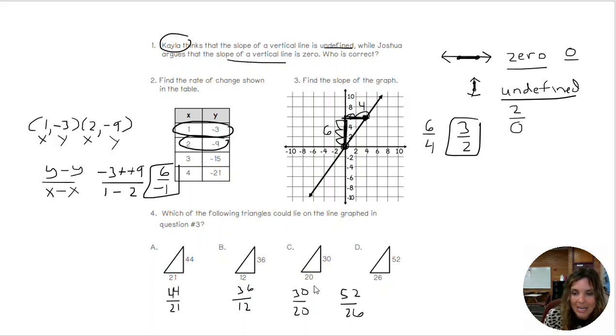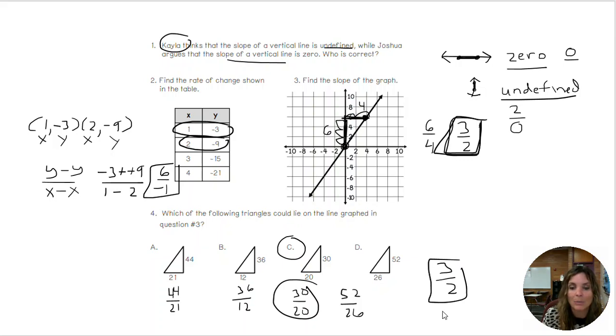So we need to find one of these that simplifies to be the same as the slope that we found in number 3. And so the answer for that one would have been C. 30 over 20 simplifies to 3 over 2. And because those two have the same slope, this one could lie on this line right here.